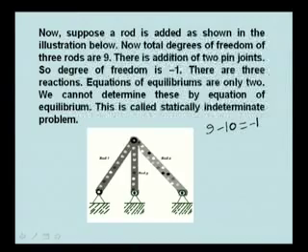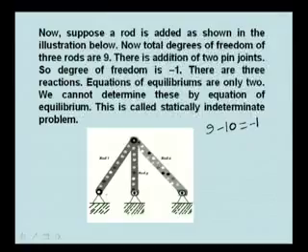If we consider it component wise also, we can write sigma Fx 0, sigma Fy 0 here, and at this point also. So what happens is that we have two equations for this, two equations for this, two equations for this, so 6, and two equations at this pin joint. Totally we have 8 equations, but let us see how many unknowns we have to find.